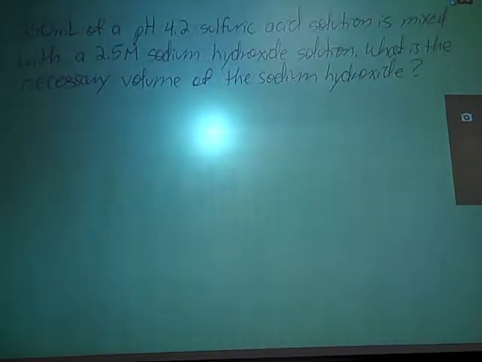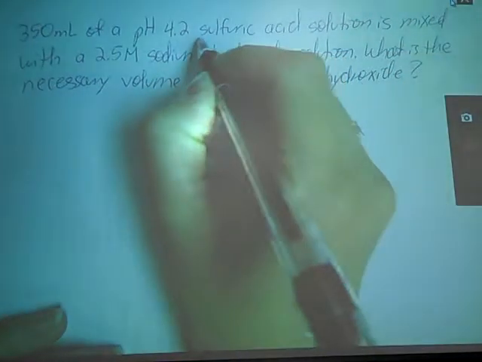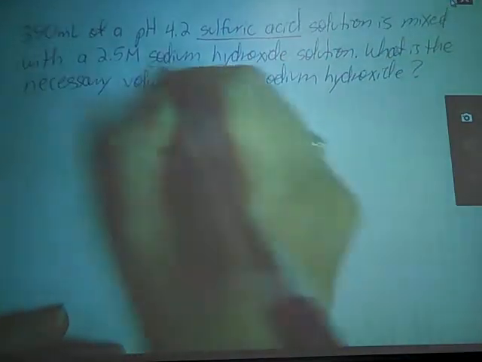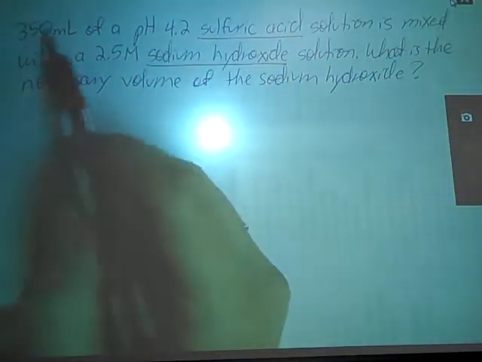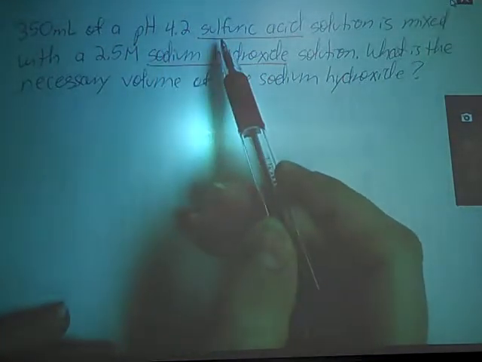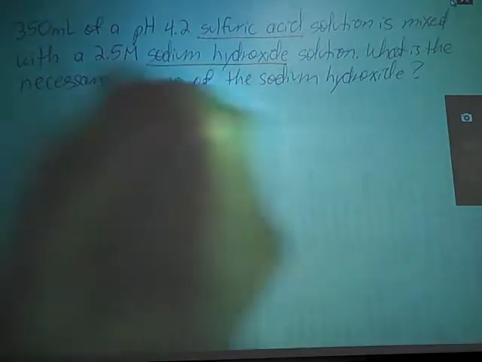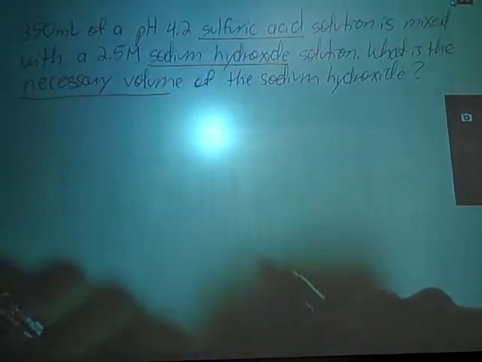So this problem involves mixing an acid and a base together, as you would expect in a neutralization reaction. So we're mixing sulfuric acid and sodium hydroxide. 350 mL of a pH 4.2 sulfuric acid solution with a 2.5 molar sodium hydroxide, and they're asking me for the volume.